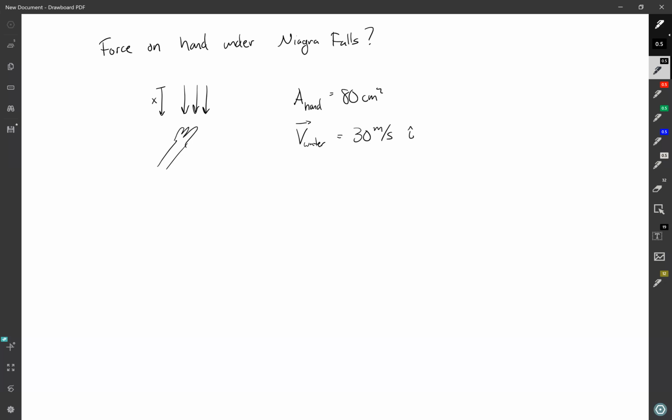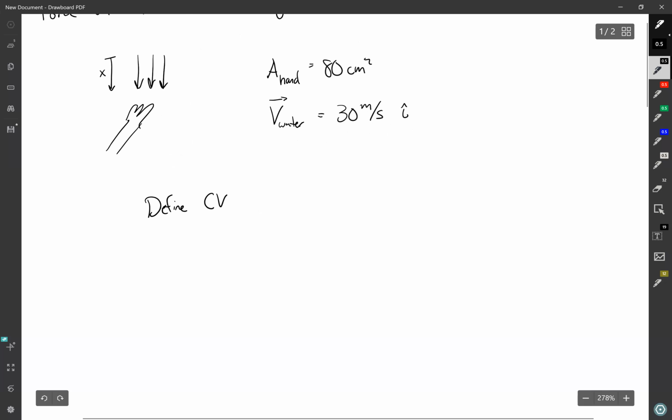Well, first look at what our control volume would be. So the first step is to define our CV. And we're going to define our CV based on where the velocity change is actually taking place. So let's look at what that would be a little bit.